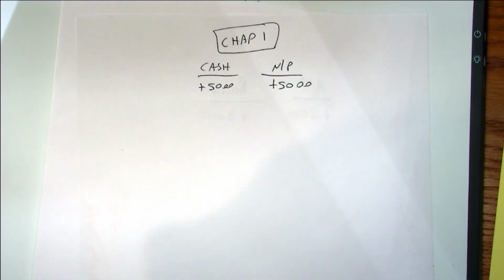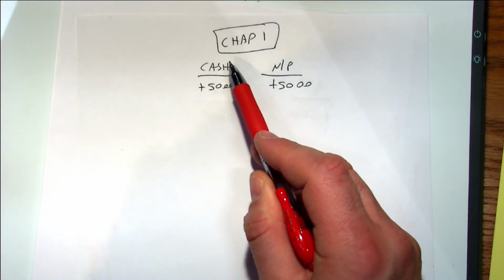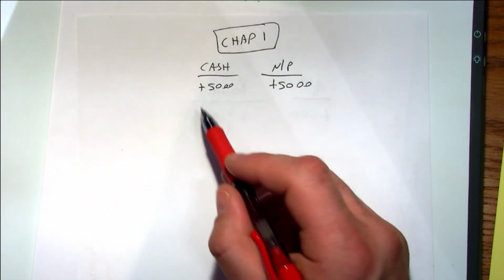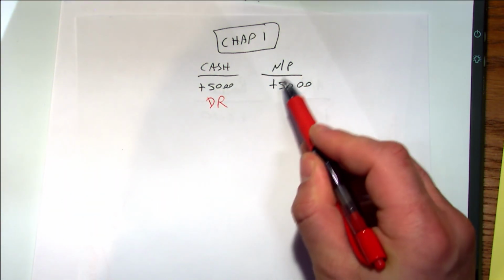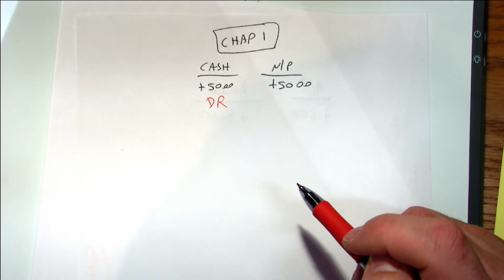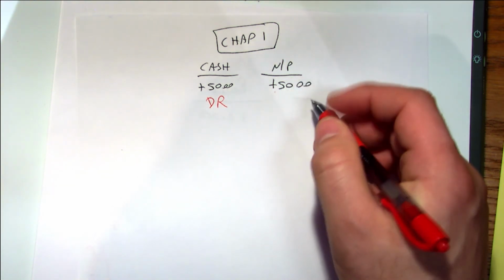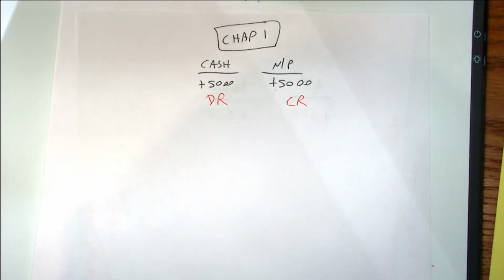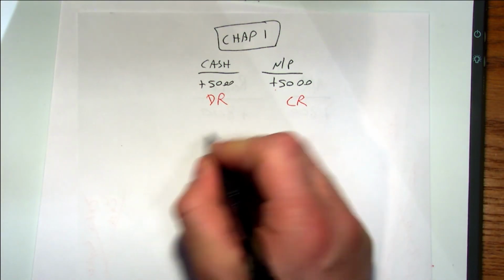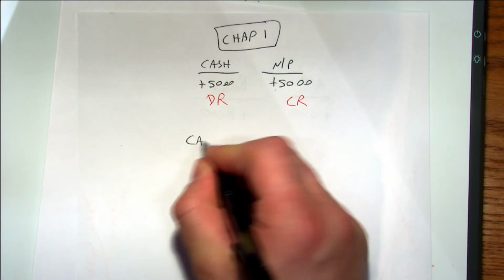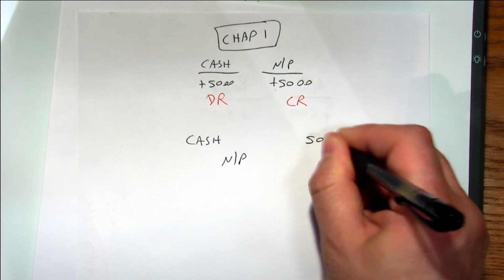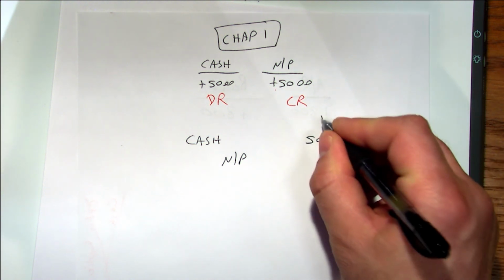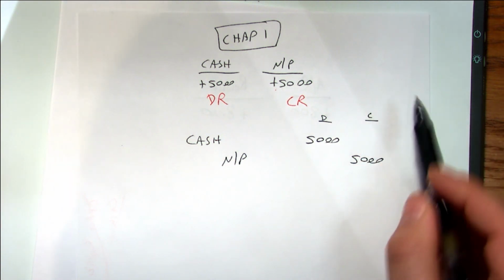And then ask yourself, just like quick study 2-5, how do you increase cash? You debit it. How do you increase notes payable? You credit it. Okay, then you do your journal entry. And you list the accounts being debited first, and then the account or accounts being credited next. Okay? There is the journal entry.